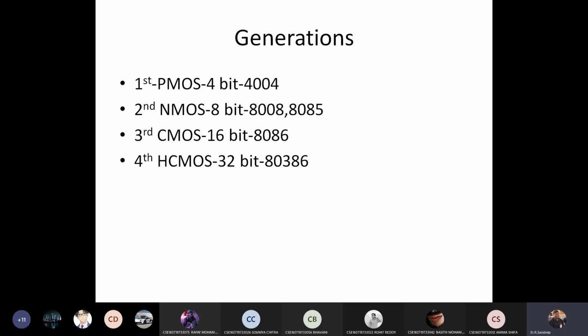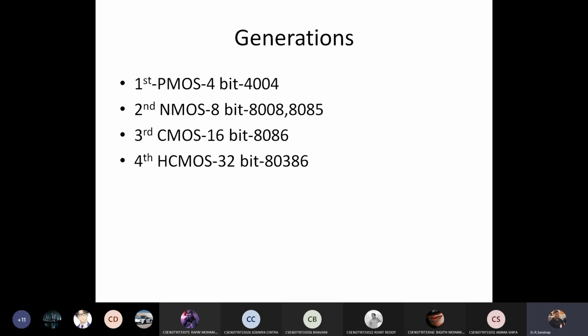In the first generation, they designed and developed one of the initial microprocessors, a 4-bit microprocessor, designed by Intel in 1971, and the chip number is 4004. All the microprocessors I am showing in this slide are Intel microprocessors. So Intel 4004 is in the first generation.